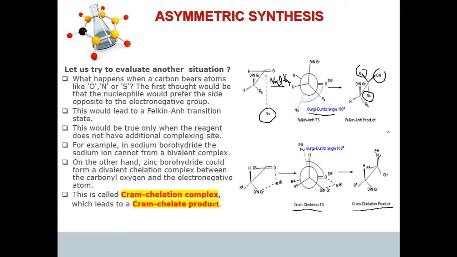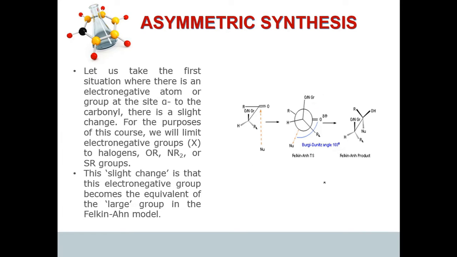Okay, let us take the first situation where there is an electronegative atom or group at the site alpha to the carbonyl group, and there is a slight change. For the purpose of this course, we will limit the electronegative group only to halogens or OR or NR2 or SR groups.